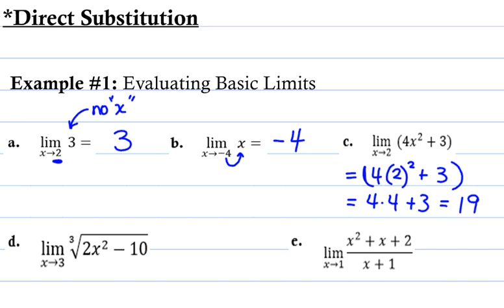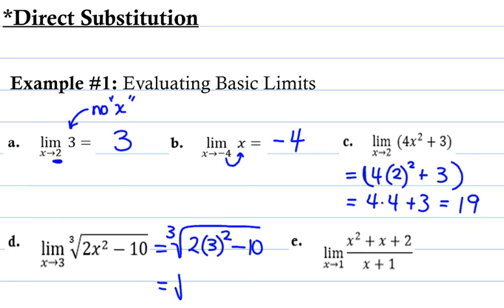D. A little more complicated, but you get the drift. This is all just plugging in. These are basic limits. I don't have to do anything special, but simple old algebra. So the cube root of 2, plug in the 3 for the x squared minus 10.